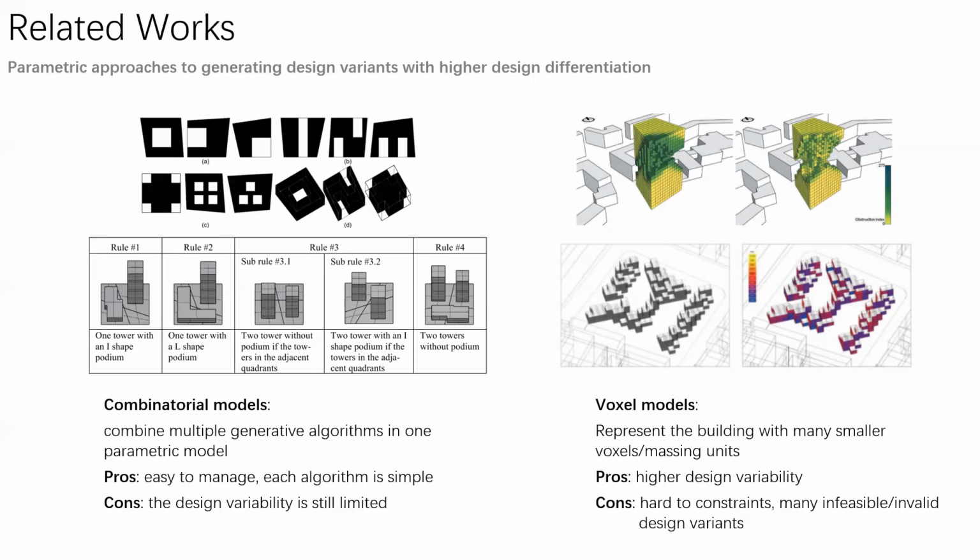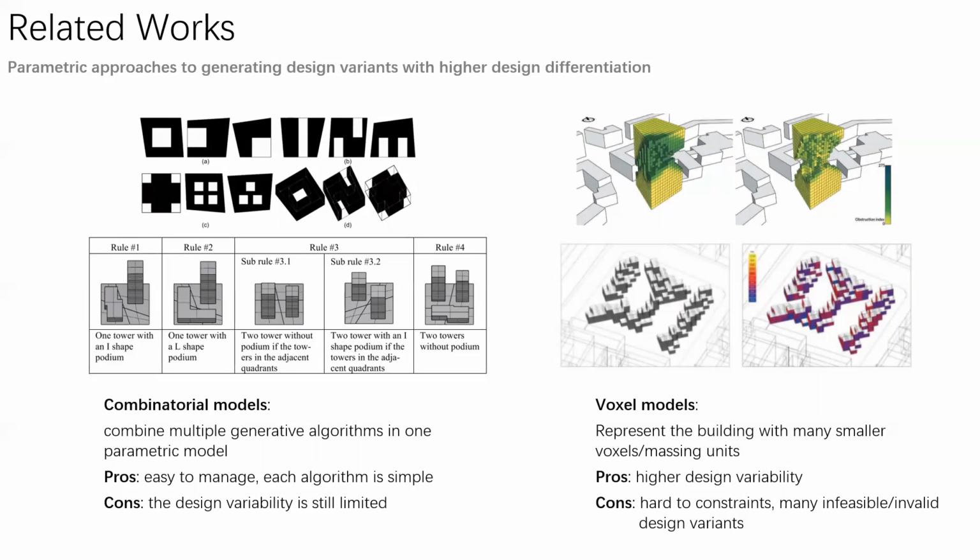The first approach is called the combinatory model, which combines multiple generative algorithms in one parametric model. And the second one is called the voxel model, which represents the building massing design with many smaller voxels or massing units. However, these two approaches still have some limitations and weaknesses.